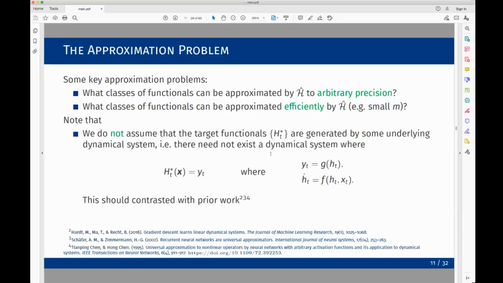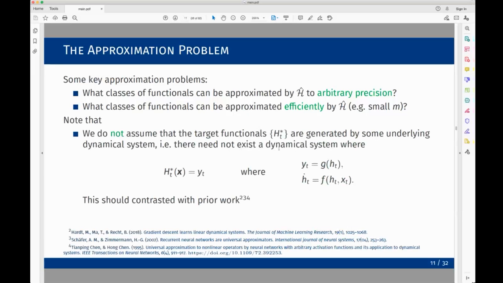One important remark I want to make is that in our formulation, we do not assume that the target functionals H star t are generated by some underlying dynamical system.